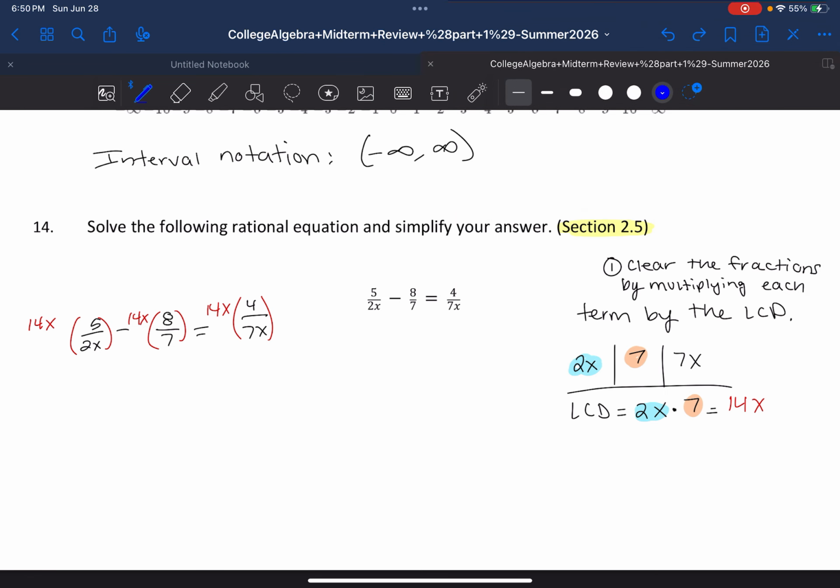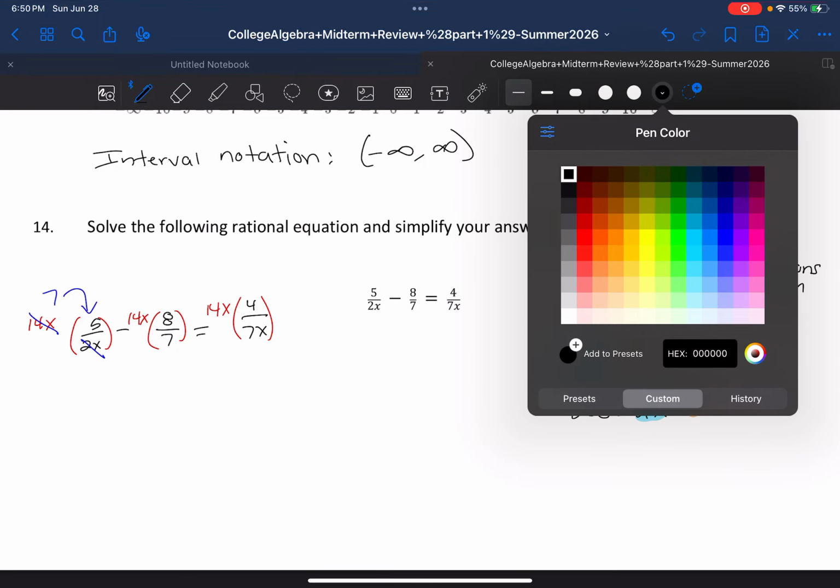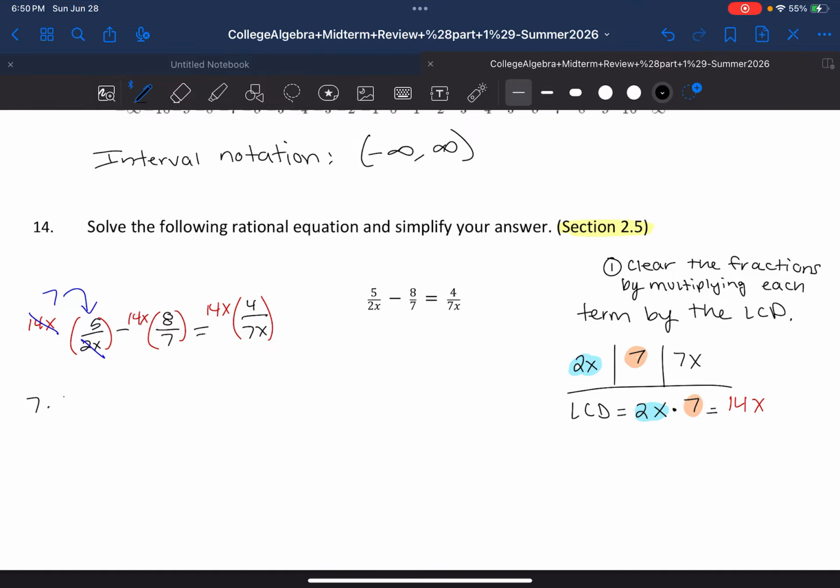So on the first one, 14x divided by 2x leaves me with 7, because x divided by x cancels. 14 divided by 2 is 7. So what that does is it leaves me with 7 to multiply by what's left in the numerator, which is 5. So this first one would become 7 times 5. That's what's left.